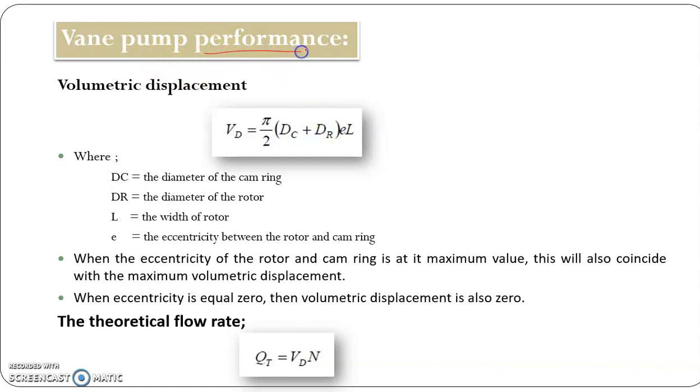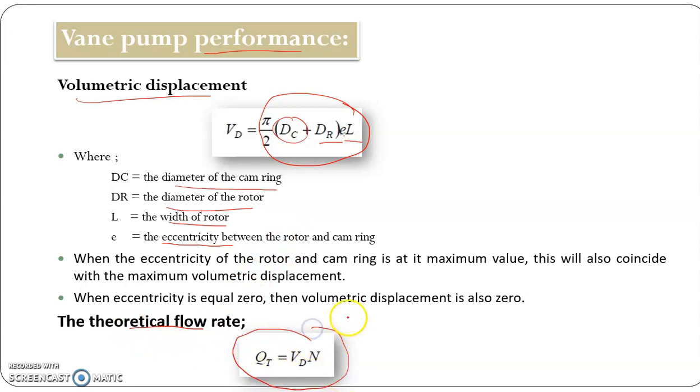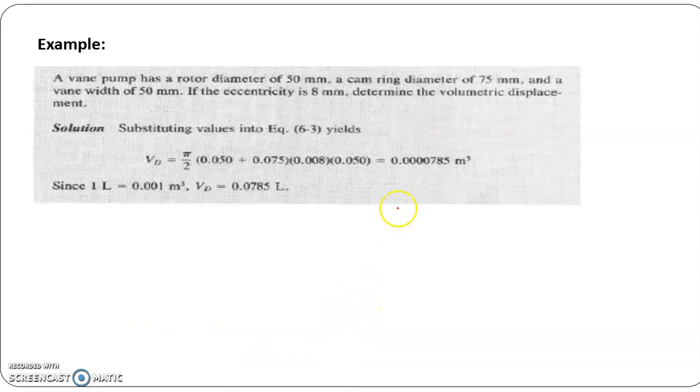For the vane pump performance, the volumetric displacement formula is this one: pi over 2 times (DC plus DR), times E times L. DC is the diameter of the cam ring, DR is the diameter of the rotor, E is the eccentricity between the rotor and the cam ring, and L is the width of the rotor. This one is the theoretical flow rate, using QT equals VD times N.